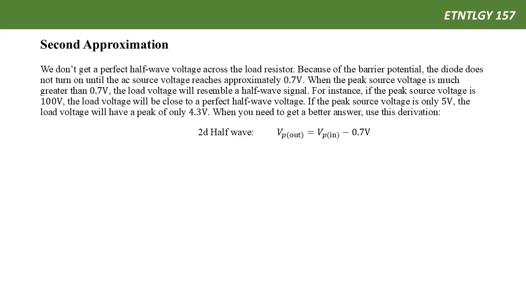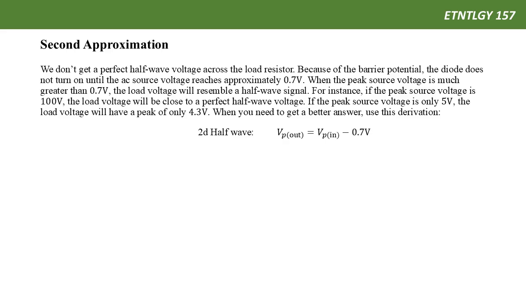The diode does not turn on until the AC source voltage reaches approximately 0.7 volt. When the peak source voltage is much greater than 0.7 volt, the load voltage will resemble a half-wave signal. For example, if the peak source voltage is 100 volts, the load voltage will be close to a perfect half-wave voltage because the 0.7 volt is too small compared to the 100 volts.